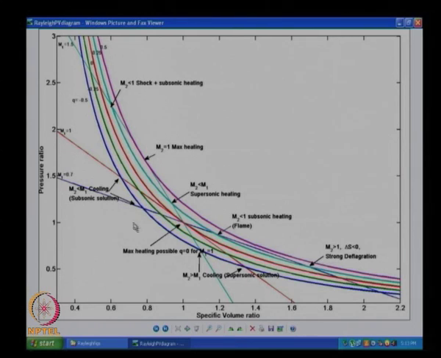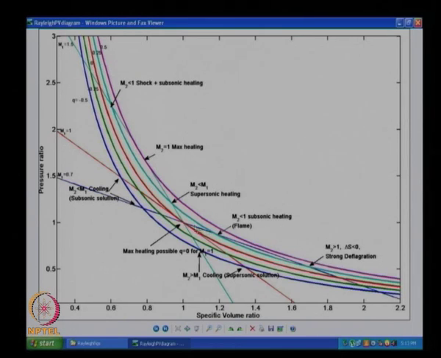Now let us look at M1 subsonic, that is this blue straight line. If I think about the bottom curves where I am cooling compared to the no q case, let us first pick the no q case. Q is 0, that is this red curve along with this blue line. There is one solution that is at P1 V1.